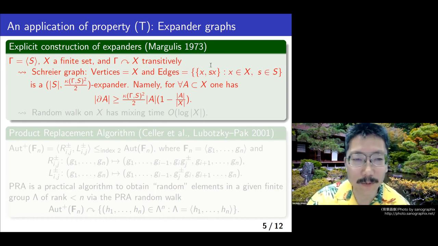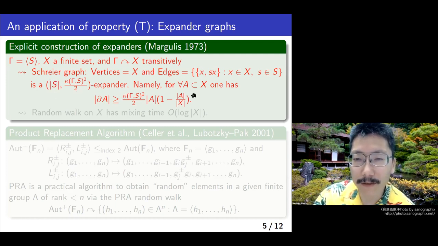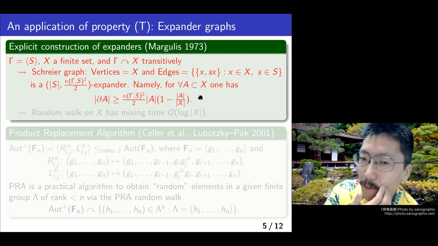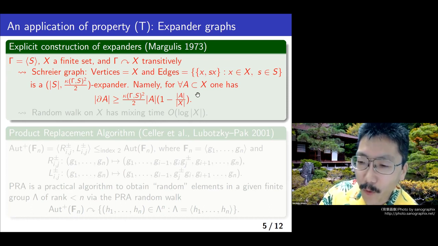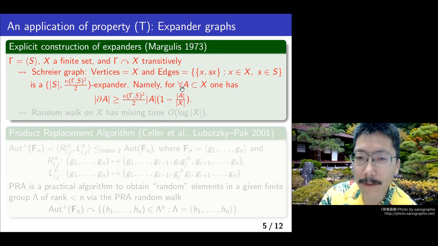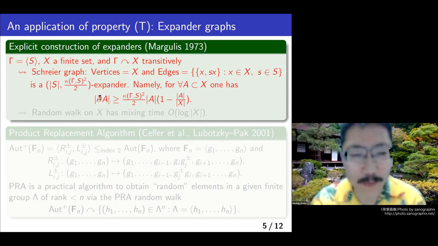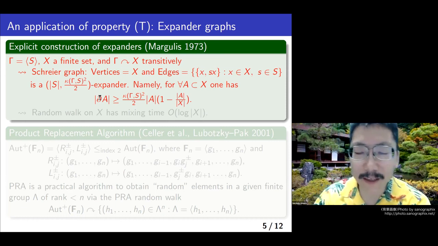If you forget the loops, it's a regular graph of valency the size of S. And this is called an expander, meaning that for any subset A of vertices, the boundary is always proportionally large, proportional to the size of A. This is a vertex boundary or edge boundary, actually edge boundary, but let's forget the detail.